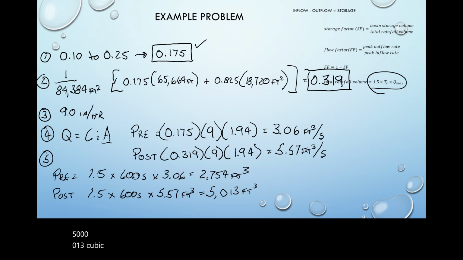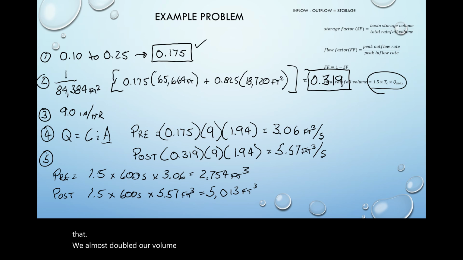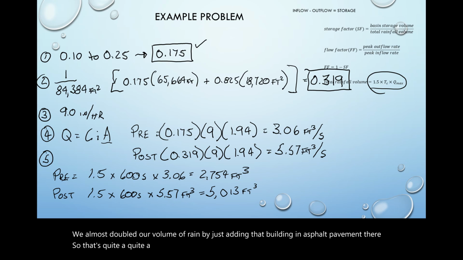If you look at the reason why you want to look at pre and post, we almost doubled our volume of rain by just adding that building and the asphalt pavement there. So that's quite a big difference. So this is what we do. You determine the pre and the post, because they want to limit those post flows.